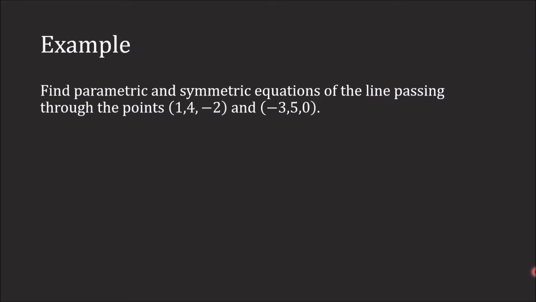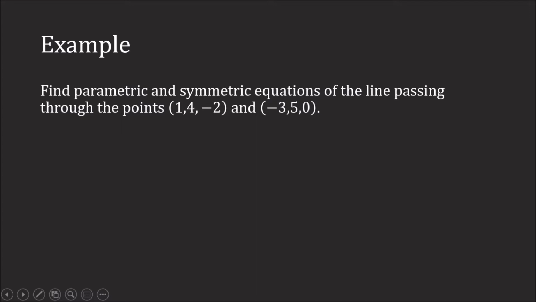So let's go ahead and find parametric and symmetric equations of the line that passes through the points 1, 4, -2, and -3, 5, 0. So we first need a parallel vector.